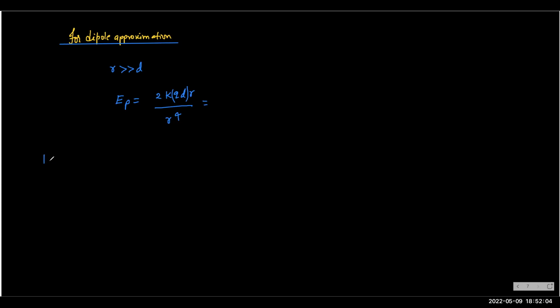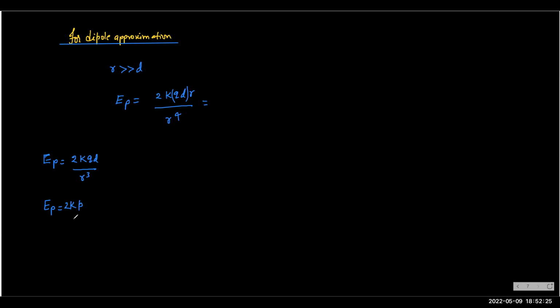So the EP turns out to be 2K and Q into D is called P by definition.